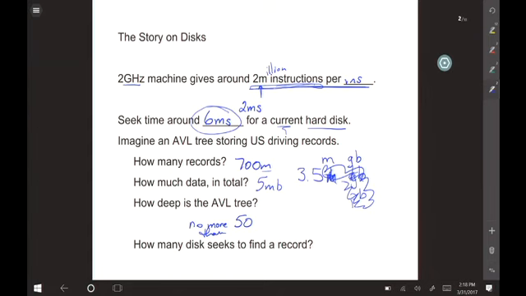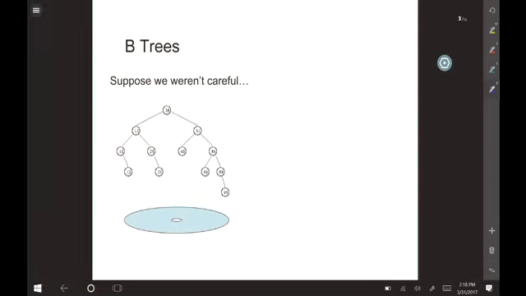But here's the problem. Let's pretend like this is our AVL tree, and it contains all of the records. First I want to do a little aside. Is this an AVL tree? Is it? I want somebody to volunteer a key that I could insert so as to make it an AVL tree.